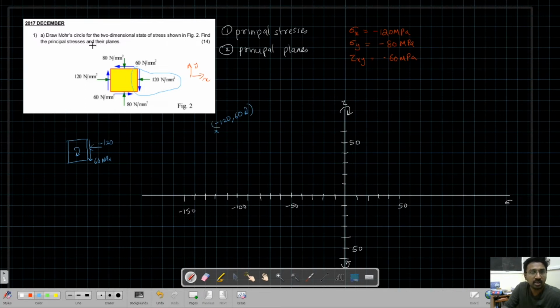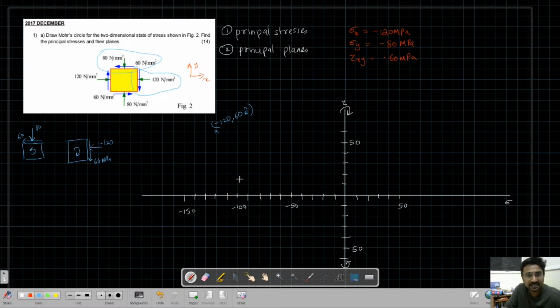Now we go to the other face. Here we have minus 80 MPa as compressive stress, and 60 MPa shear stress. This shear stress is trying to rotate in the anti-clockwise direction. So for anti-clockwise and negative normal stress, we find the point in this quadrant.